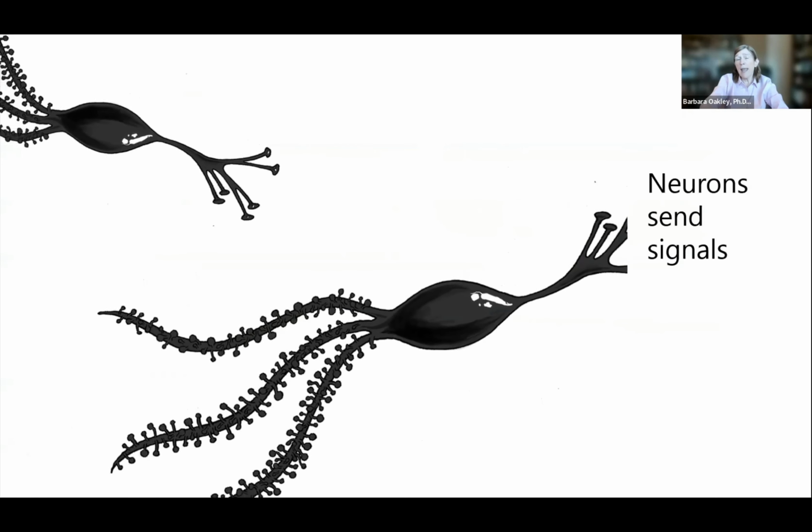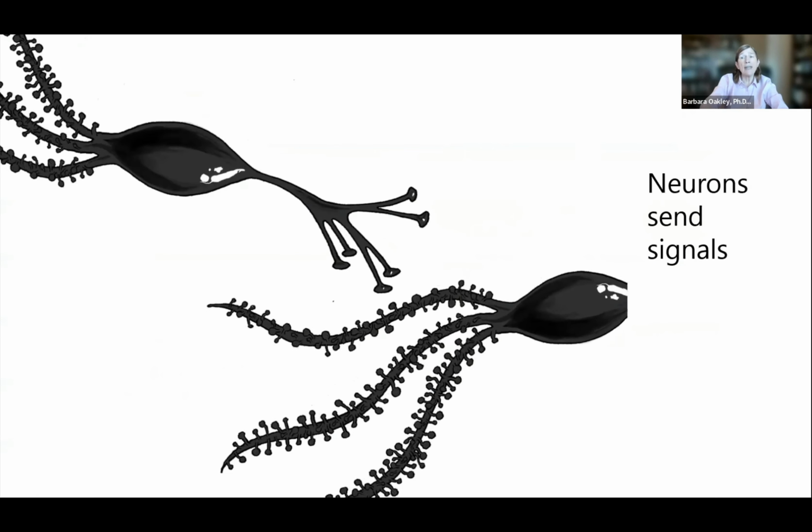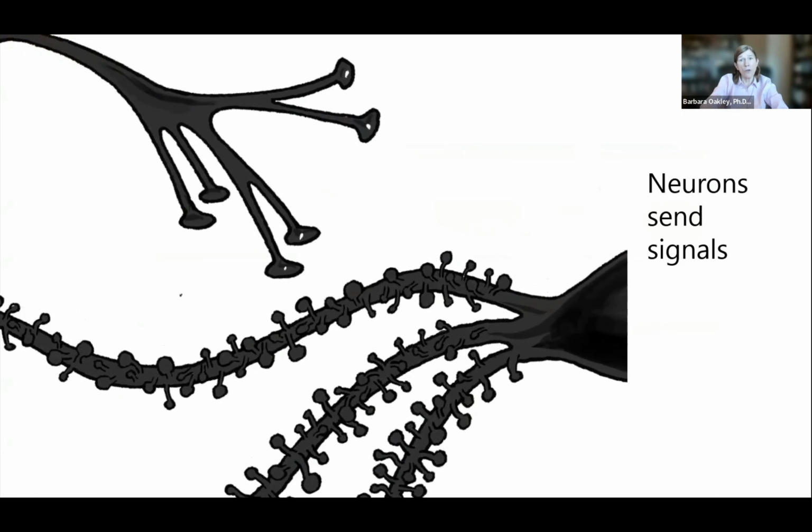What is really happening is they are sending out signals that travel along mostly electrically, then they jump that gap called the synapse, and they do that with neurochemicals or neurotransmitters, and then the signal moves along to the next neuron.